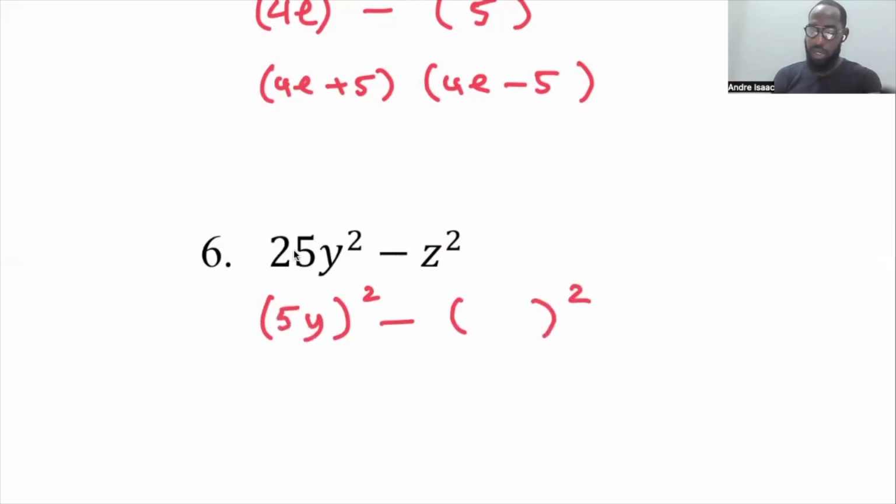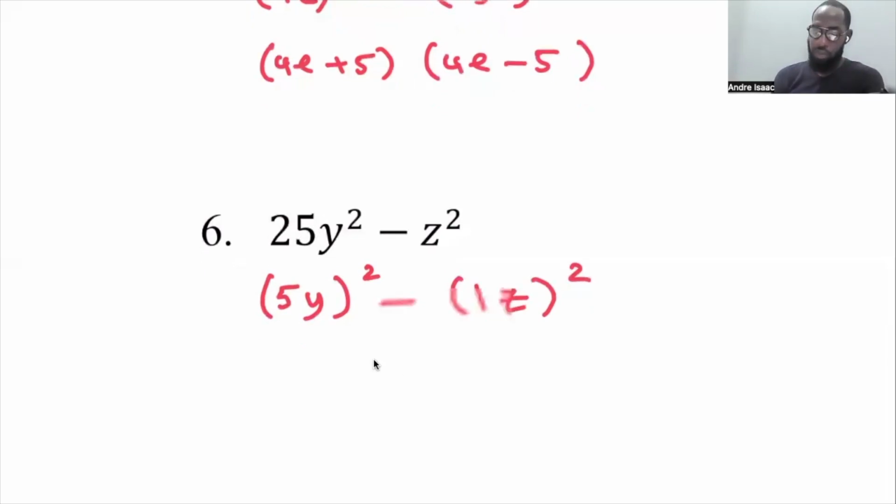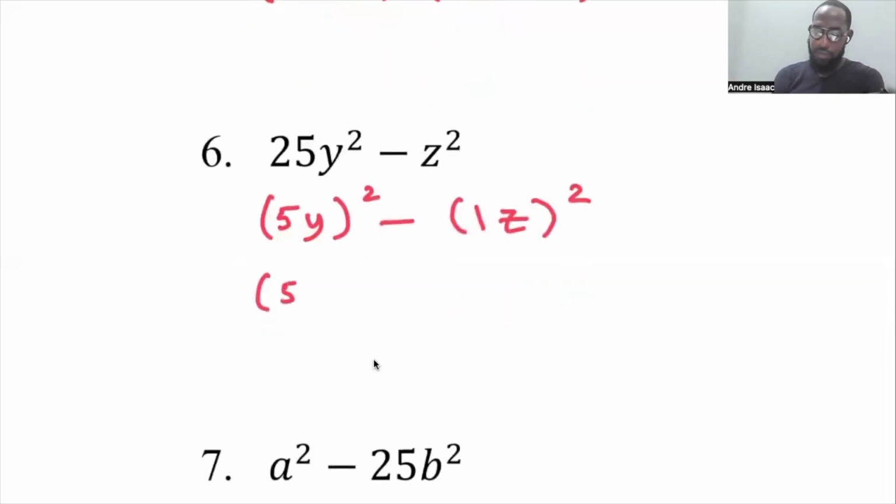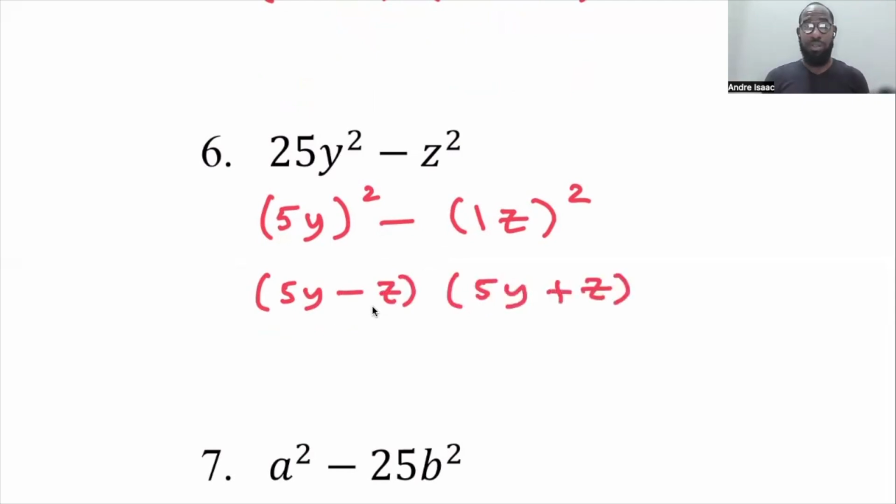We put back the y. The square root of 1 is 1, and we put the z. I like to put the z with a little thing in the middle. So the answer is 5y minus z, 5y plus z. Even though I don't have a 1, it's understood. I don't have to write the 1.